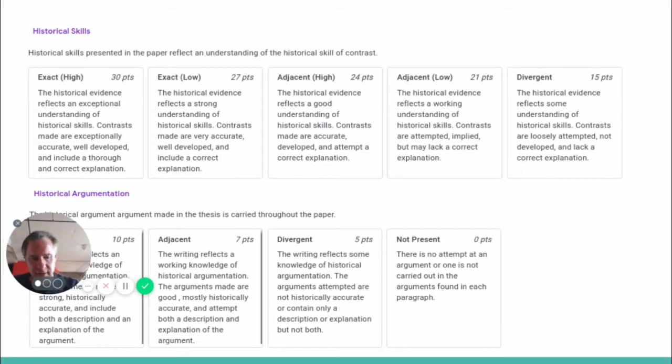If you do that thoroughly throughout the paper, then you'll get your 30 points. If you drop the ball somewhere and you forget a description of your argumentation or you don't explain it, that's going to fall in here. But what we're looking at is, as we read this paper, does it feel and sound like an overall comparison paper highlighting the differences between the two colonies?